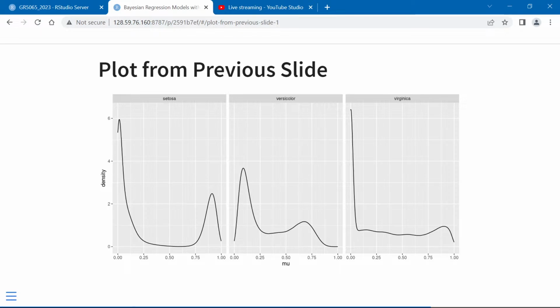So mu is the expectation of the outcome if you think of the outcome as being coded in dummy variables. So you have a 3-column outcome: dummy variable for setosa, dummy variable for versicolor, dummy variable for virginica. Now, we don't input the outcome that way. We give it a factor that's setosa, versicolor, or virginica. But you could think about it as a 3-column thing with dummy variables, which is often known in the machine learning literature as one hot.